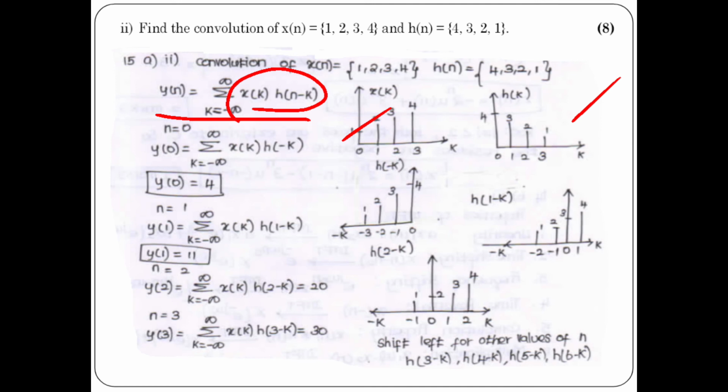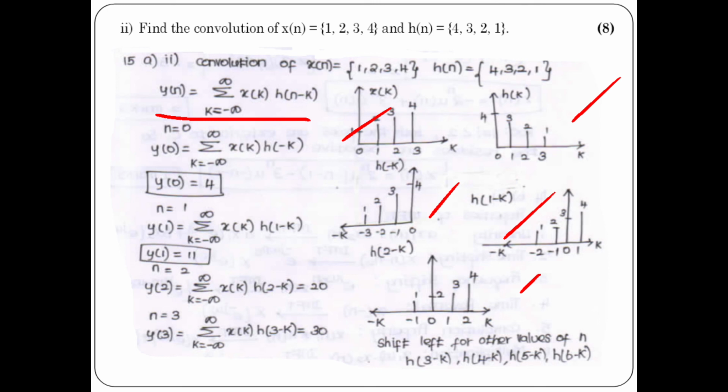So find x of k and h of n minus k. To draw h of n minus k, first of all draw h of k, then draw h of minus k, and then you can shift the signal by one. That will give you h of 1 minus k. If you shift it twice, you will get h of 2 minus k. Similarly, you can shift the signals.